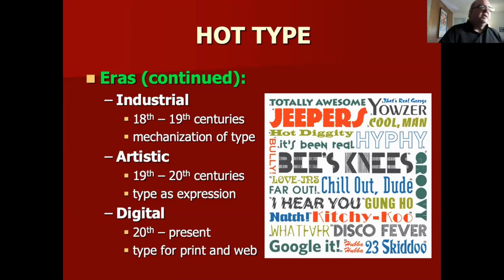And from the late 20th century, starting in the 70s, you started having electronic typesetting, photo typesetting, and you had the ability to specify and set type without having to actually pick up little pieces of type.